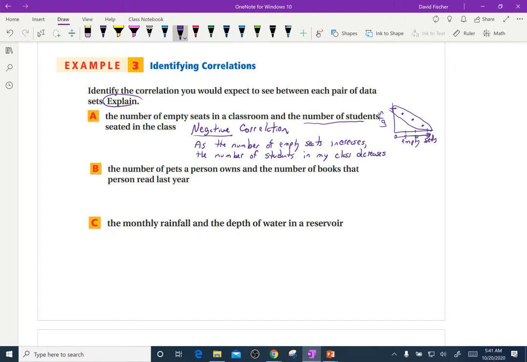The number of pets a person owns and the number of books that person read last year. So think about that. If I had 0 pets, does that mean I read a lot of books or no books? If I had 15 pets, animals like rabbits, dogs, does that mean I'm going to read a lot of books? Probably not. Probably there is no correlation here on this one.